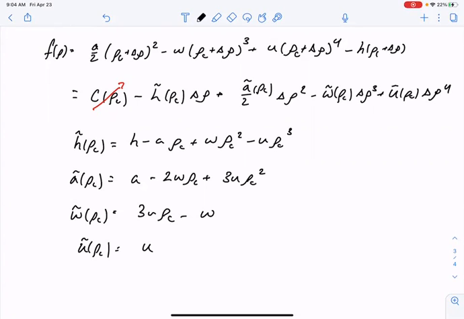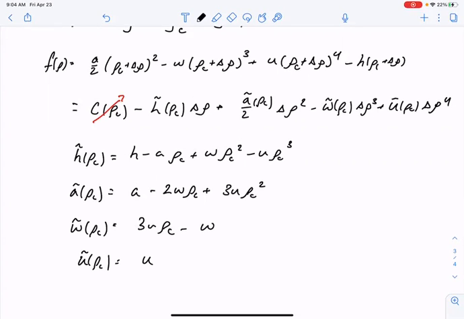So now, if we inspect these new coefficients, these are new numbers. They've taken our original parameters, which again were just phenomenological numbers we put in, and they've shifted them around. They've added some function of rho c.